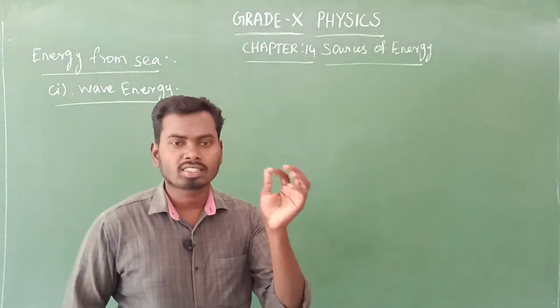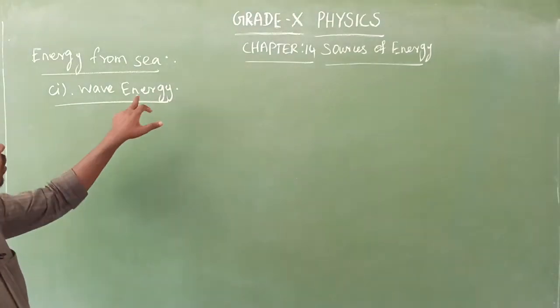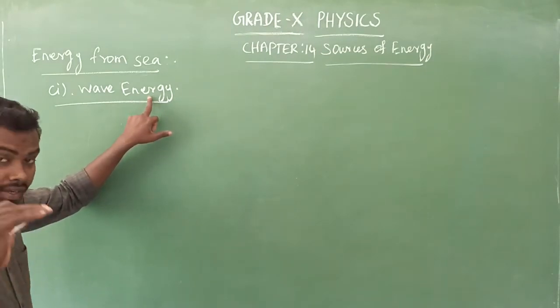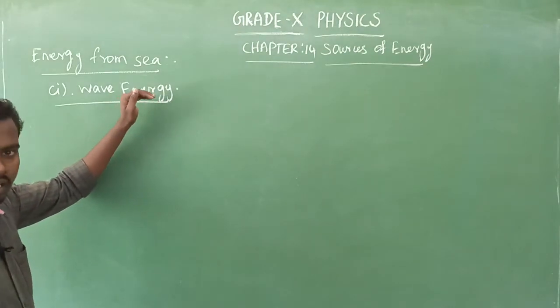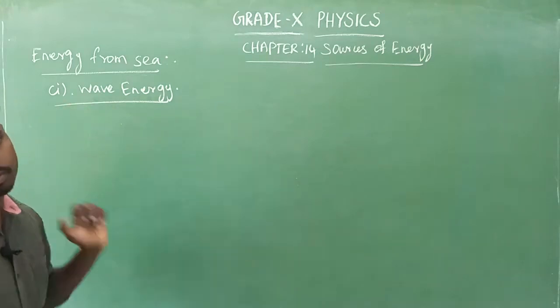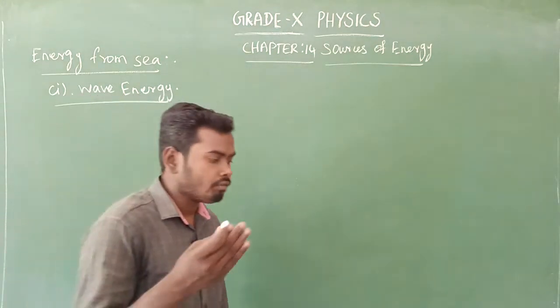Please try to understand my concept. Very, very easy one. So energy is generated. What energy? Electric energy, which means electricity. So electric energy is generated from sea or ocean waves. That is called wave energy.